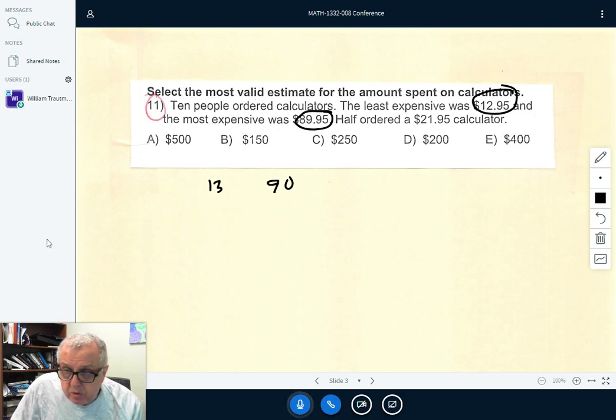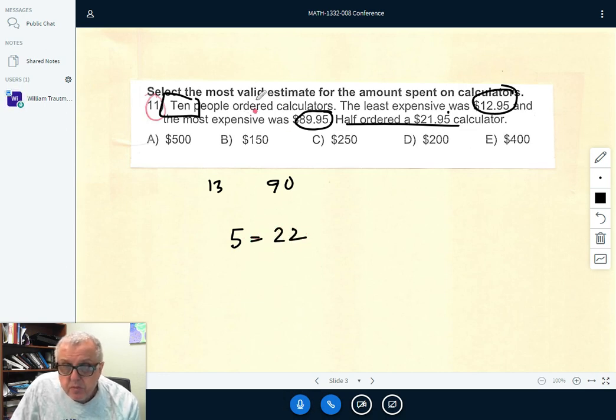Half of the people, so 5 of the 10 people, ordered a calculator for about $22. So 5 people ordered for about $22. The least expensive was 13, and the most expensive was 90.